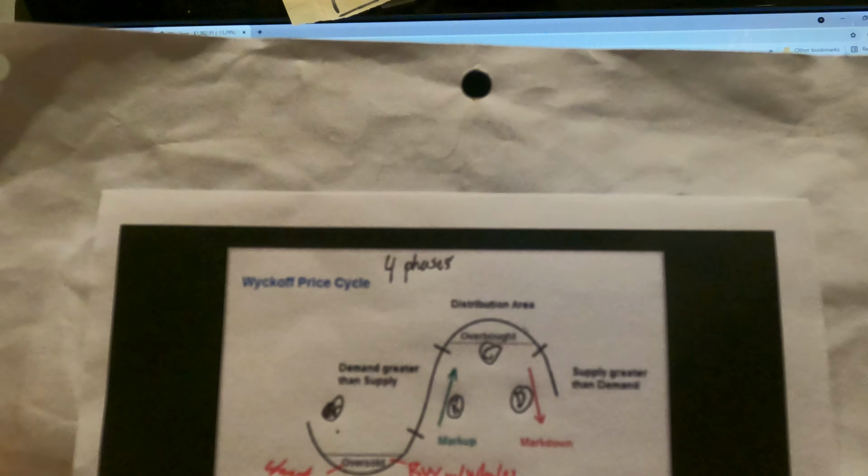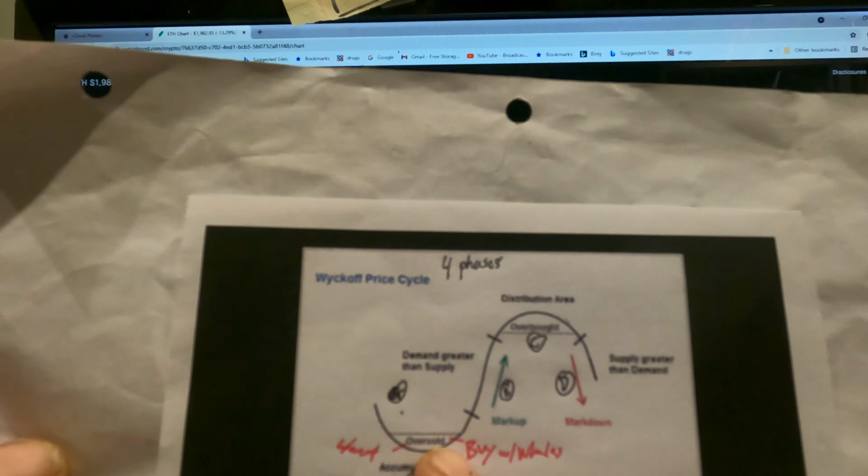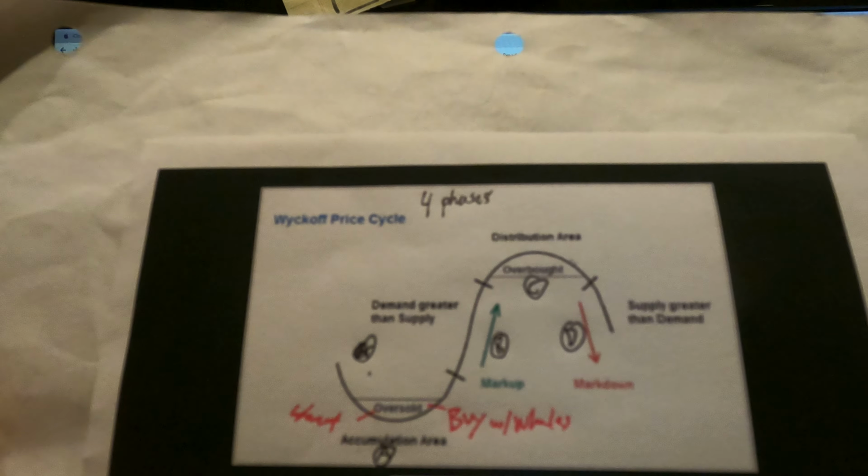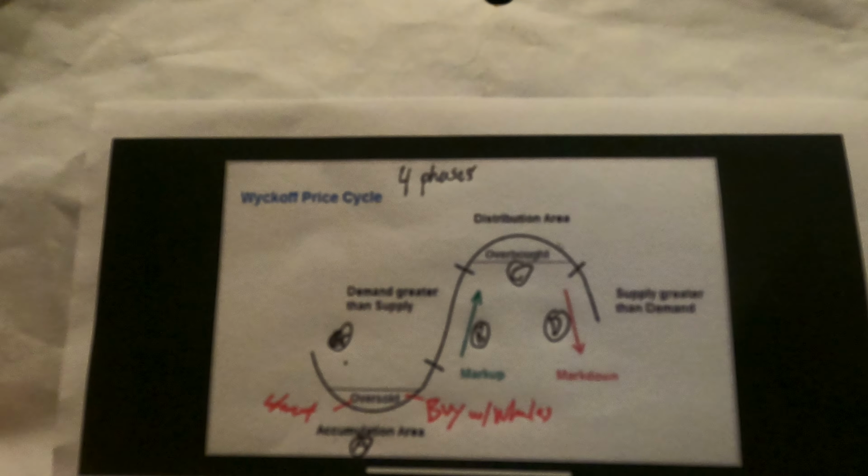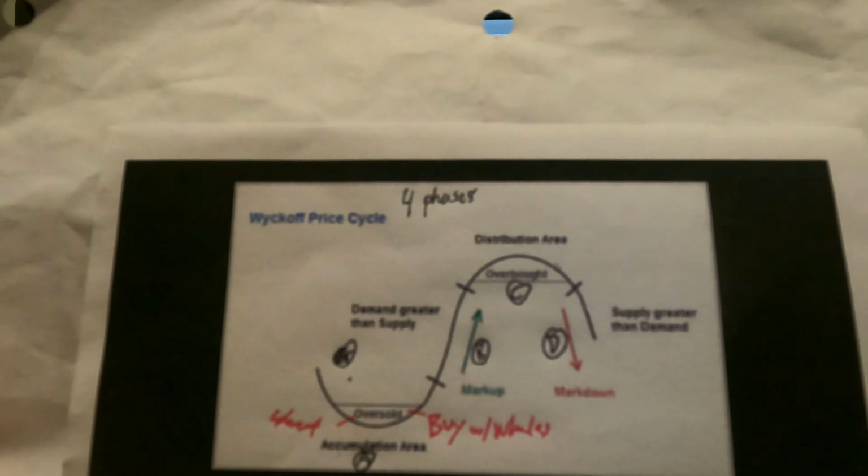We have the phase where the stock's coming down, right? And we get to a point where it's almost at the bottom. And this point right here says oversold, accumulation area. This is the area where we want to buy. We want to mix with the whales. We want to mix with the sharks. We can't beat them, so we have to mix with them and roll with them.